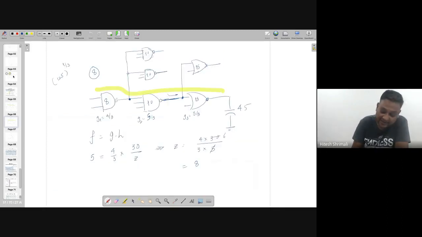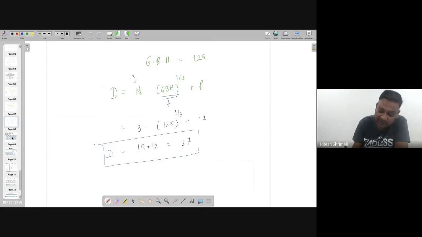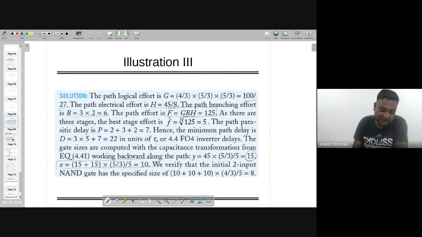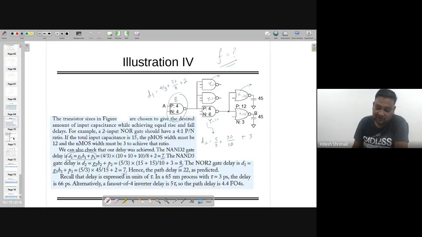Whereas in the previous technique, where you found that f equal to 125 raised to 1 by 3, it's actually quite easier to find x and y. Otherwise, it's not possible. So you can use either method, but this method is only possible when the drive is given to you.